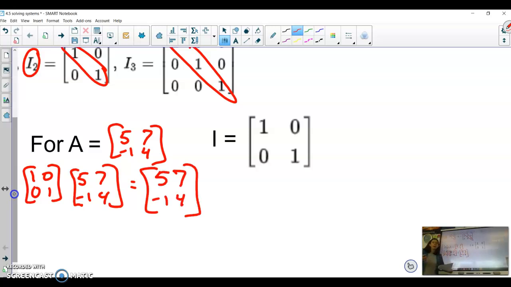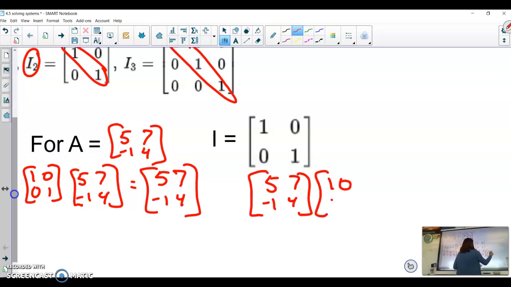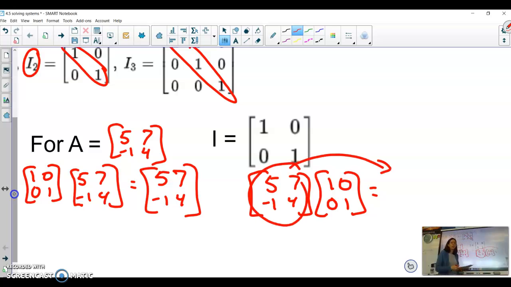It's like multiplying by 1 for a regular math multiplication. And the order there could actually go either way in this case. So if I flip it and I multiply the matrix times I, either way, you'll end up with the original matrix for your answer. So that's what the identity matrix does. It just keeps the matrix exactly the same.